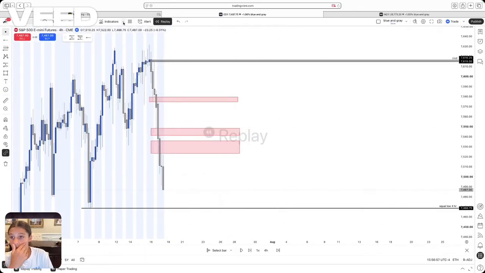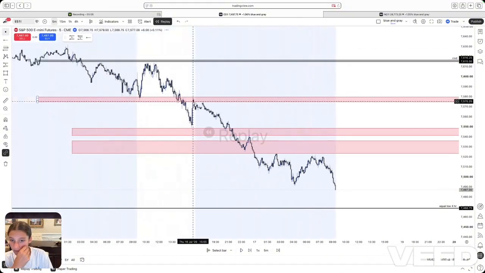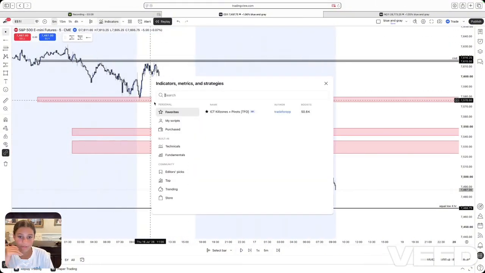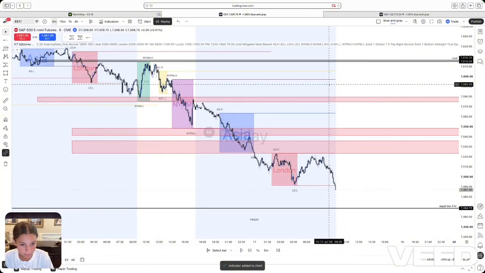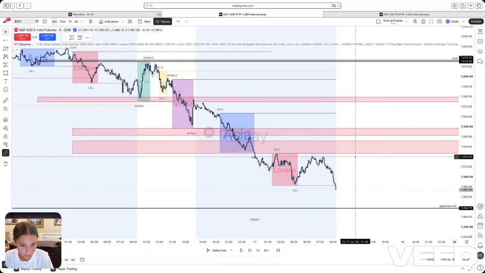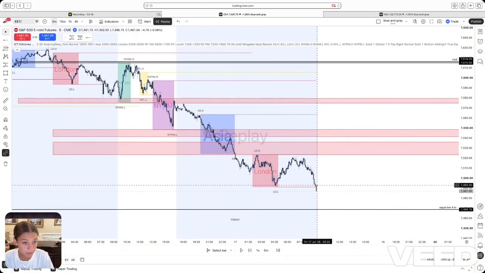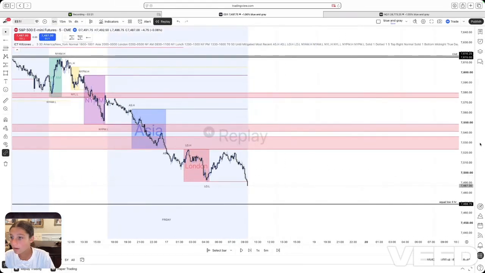But what could we also do to find key draws on liquidity? Pop down to the 5-minute, take a look, indicators, and I use this indicator if you want to pause this video and copy this. Okay, now we're going to click on it. Now, where would New York session want to go? This 5-minute? Okay, yeah. Well, it looks like we already took out London session lows, but where do we want to go?